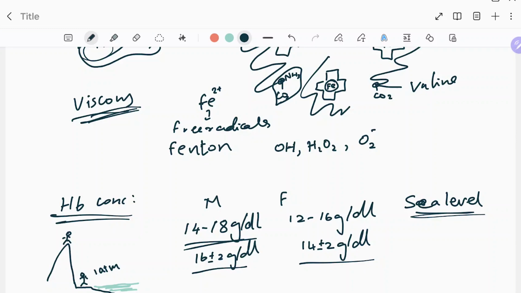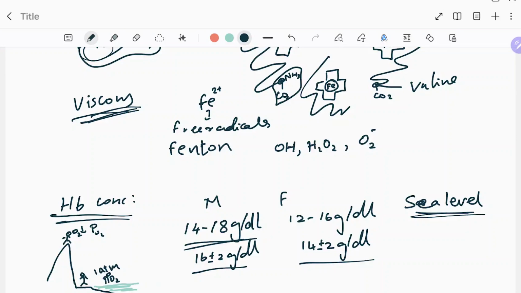But on the mountains there can be lesser air pressure. Lesser air pressure means lesser partial pressure of oxygen going into your lungs and making it into your blood, much lesser compared to sea level. So people are more comfortable at sea level than in the mountains.